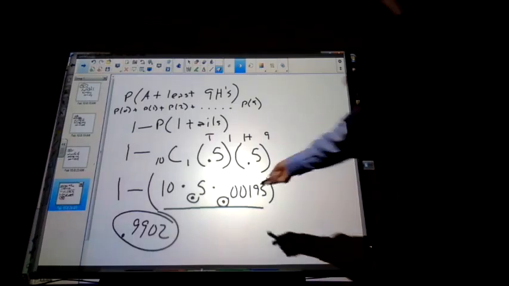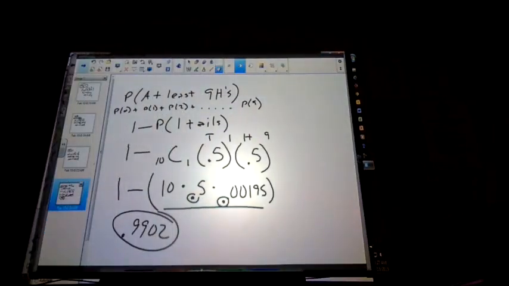So, why is that probability so high? I mean, a 99% chance of this happening seems pretty outrageous. Why is it so high? Yeah. We're summing up all of the other events. The probability of 0 times happening, and 1 time, and 2 times, and 3, all the way up to 9. So there's only 10 flips that we're going to do.